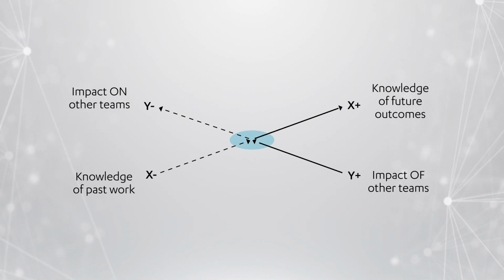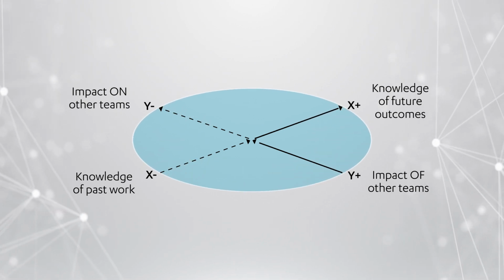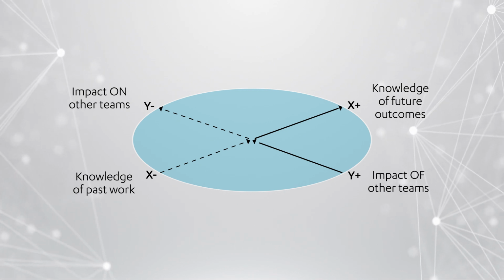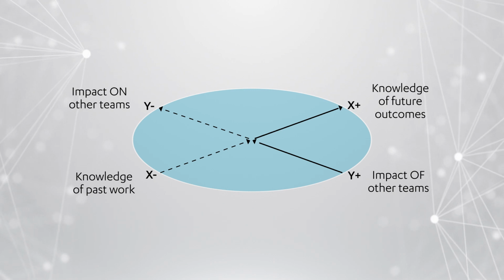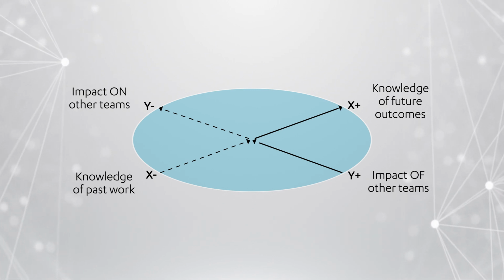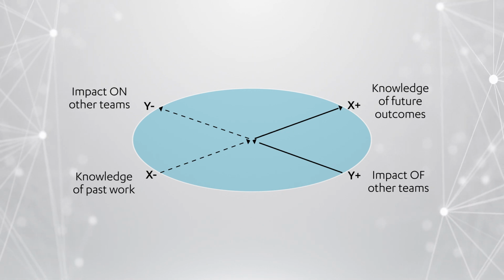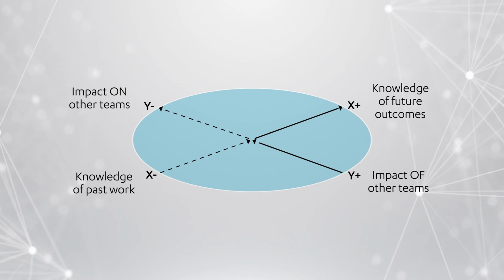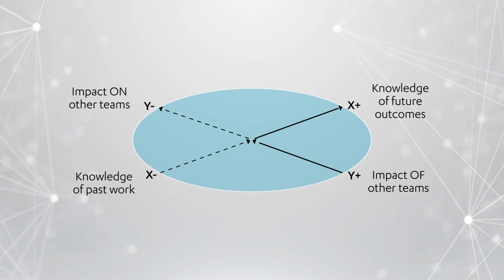So at one plane of the 3D knowledge model, we're interested in understanding how information flows through our work, how impacts of other teams affect how we do what we do, and how what we do impacts other teams and how we create appropriate visibility for them so that they have good quality information and they can perform successfully.